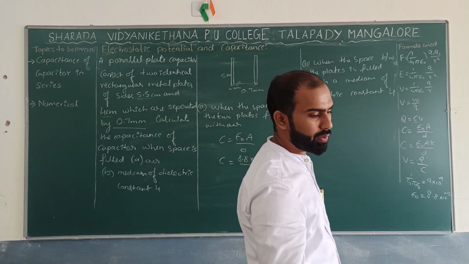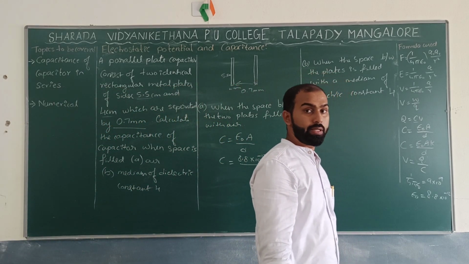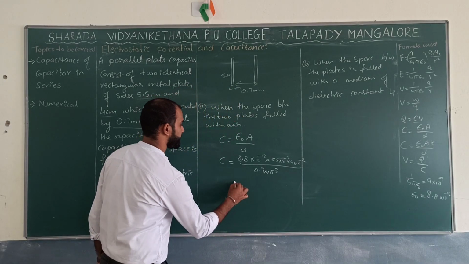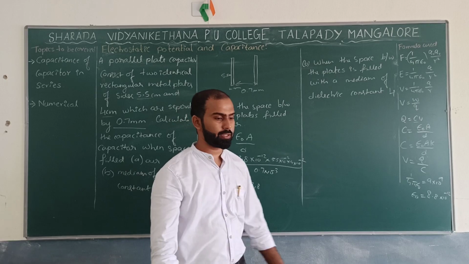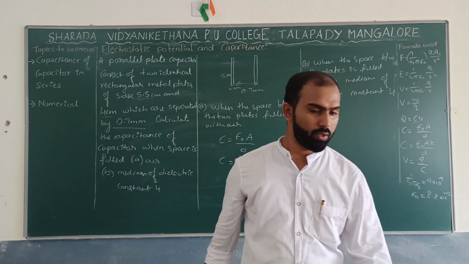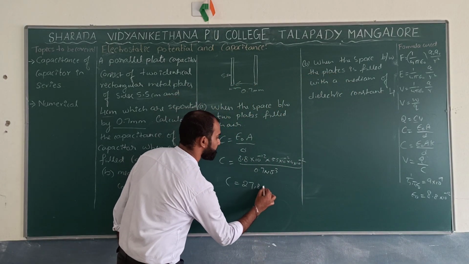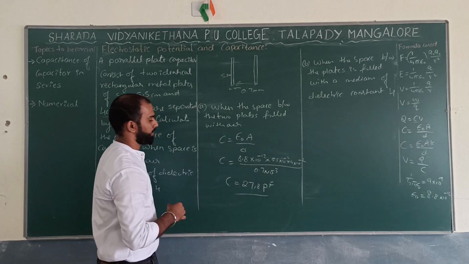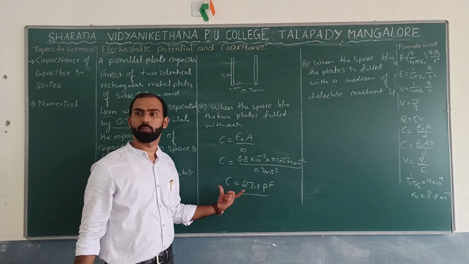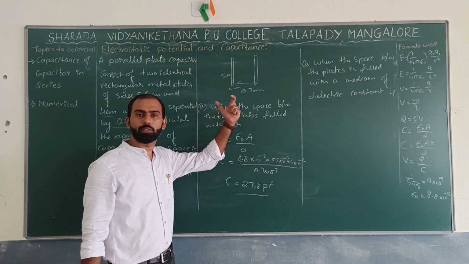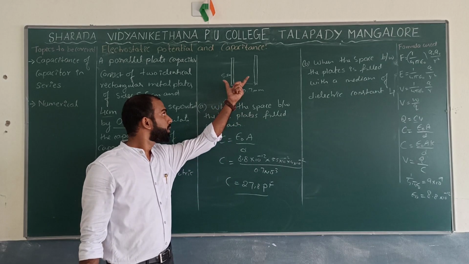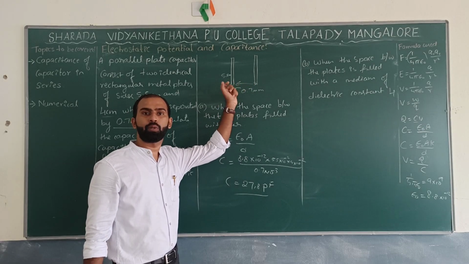That is 27.8 picofarad. So this is how exactly we get the capacitance of the conductor when vacuum or air is between these two plates.